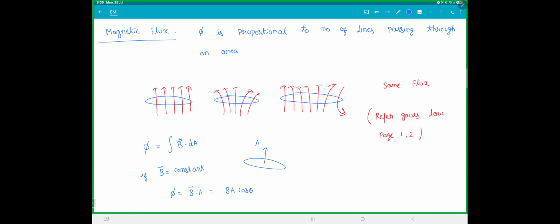If this is your area vector and this is your B bar, theta is the angle between them. Clear with this? That is our first formula for the flux. In Gauss law, this was E dot dA. Here it was B dot dA.